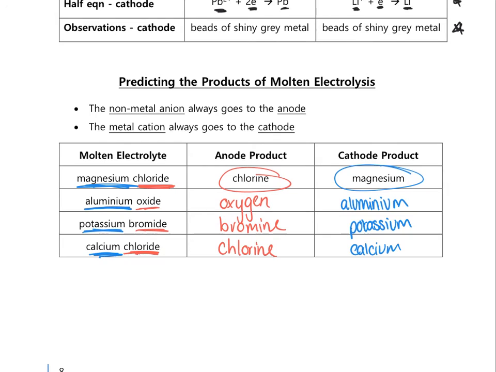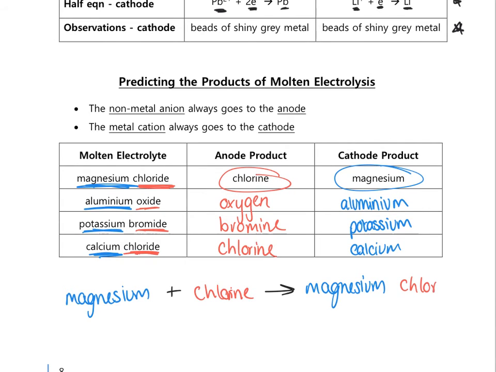So what we're doing here is kind of the reverse of our equations for when a metal reacts with a non-metal. So take, for example, the first one. What we have is magnesium reacting with chlorine to give me magnesium chloride. That's how we would normally write this equation.